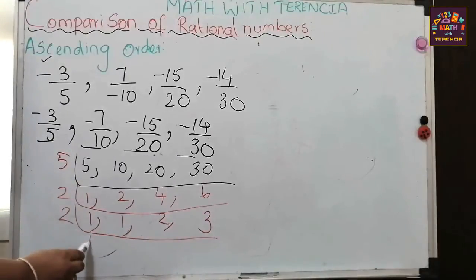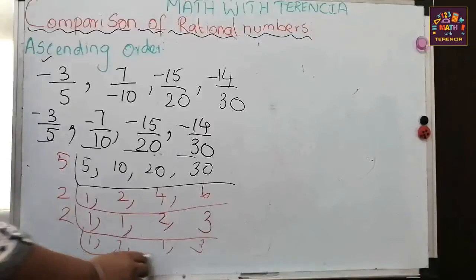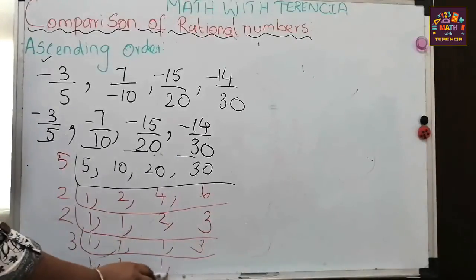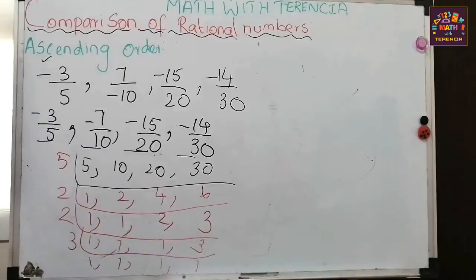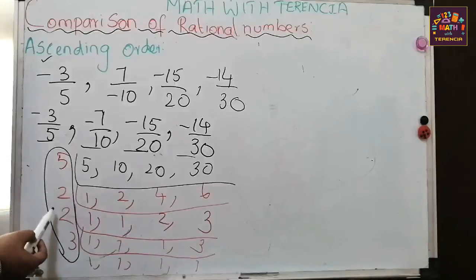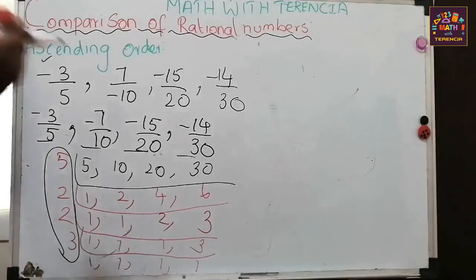Now 2, 1, 1, 1, 3. Next 3: 1, 1, 1, 1. For LCM you need to go until you get 1. But HCF is something different. Now you can multiply all these numbers. So 5 times 2, 10. 10 times 2, 20. 20 times 3, 60.